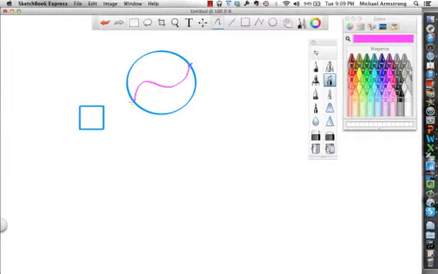This pink distance is the same as it would be if you went all the way around the circle. So this distance is about the same as half of the circumference, and this area is about the same as this area. In fact, they should be exactly equal, and that means that this area is half of the area of the circle.